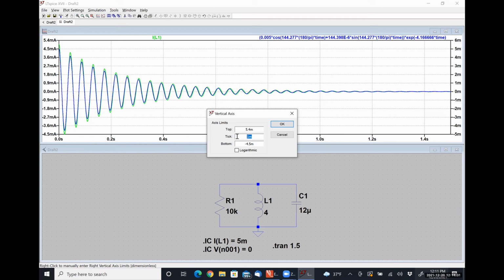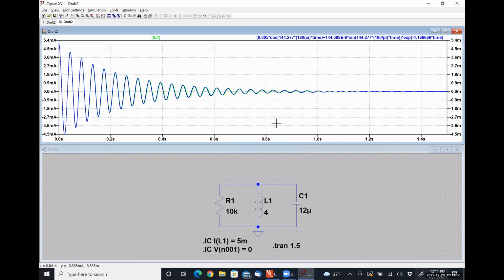And this shouldn't particularly matter, but I'm going to change the tick and I'll be damned, I match up perfectly. So this is how we can use LT Spice to check the results of our analytical analysis versus a circuit simulation to prove whether or not we got a problem correct or incorrect.